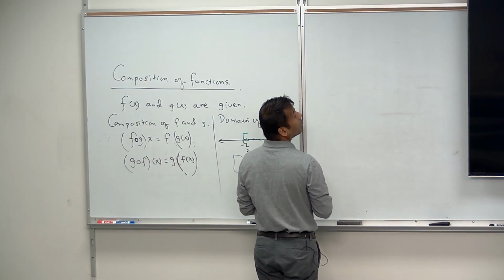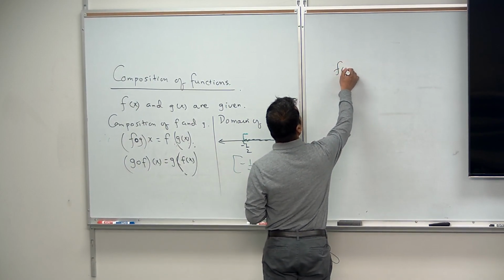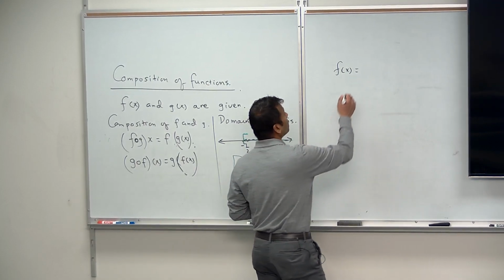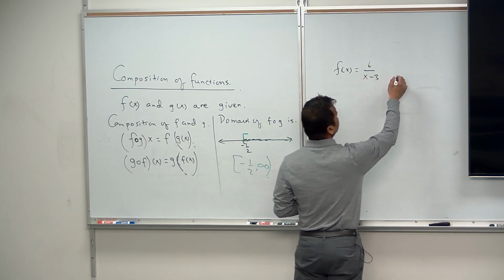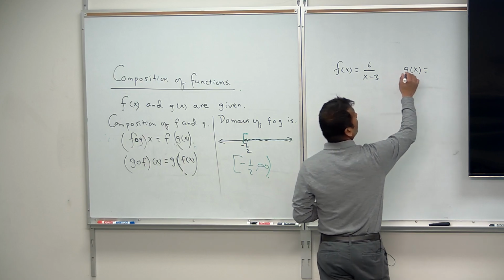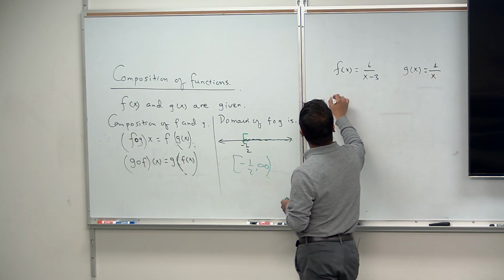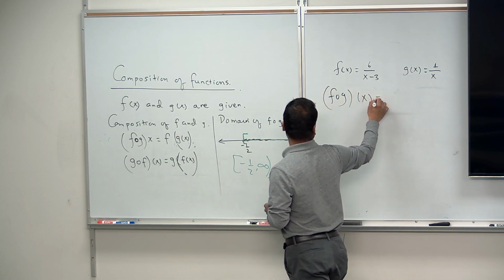So look here. What is your f of x? 6 over x minus 3. And what is your g of x? 1 over x. So now how do you find f of g of x?